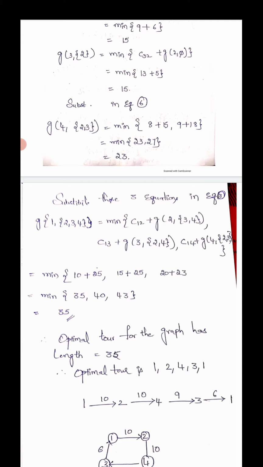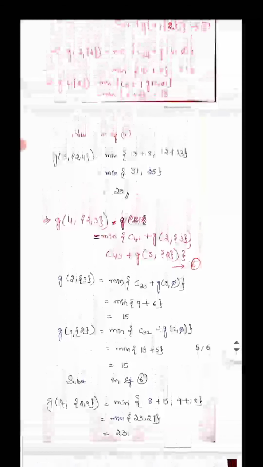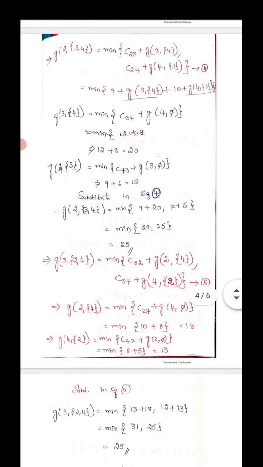Now we write it down: minimum of c suffix 1 comma 2, in the sense first row, second column, 10, plus g of 2 comma 3 comma 4. How much can we get? 25.